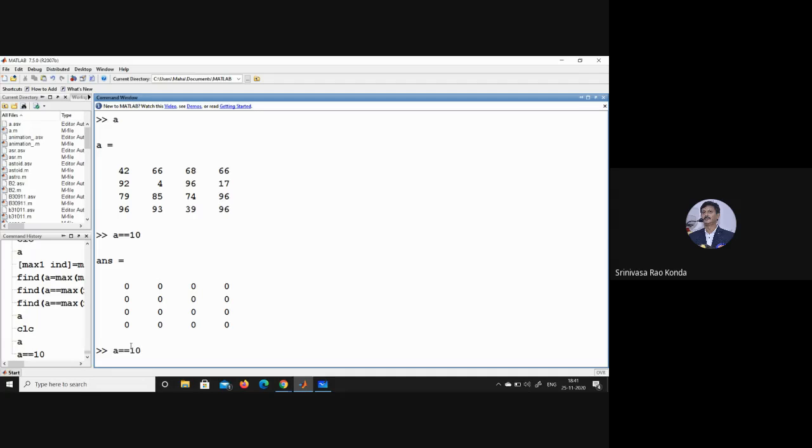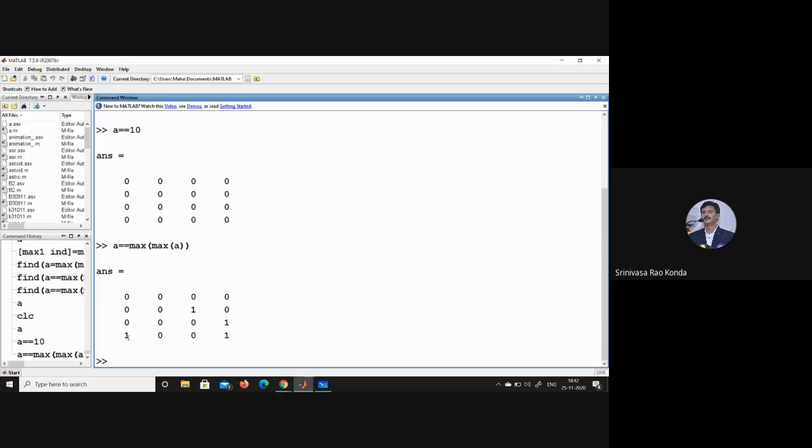What I am doing here is A equal to max of max of A. That will give a matrix of ones where 96 is there, here 96 is there, here 96 is there, here 96 is there. Now if you give find, the find command gives indices of the non-zero elements. A equal to max of max of A.